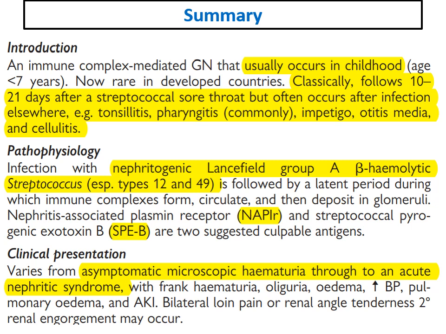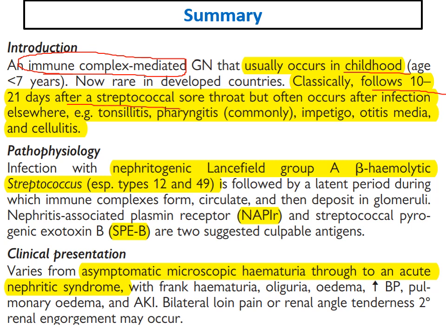post-streptococcal glomerulonephritis is a prototype or an important example of immune complex mediated glomerular injury, usually occurring in children. Classically, it occurs 10 to 20 days following skin or throat infections.